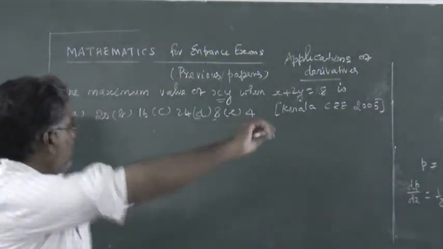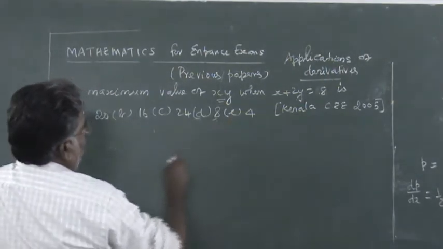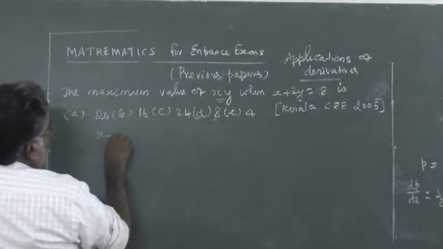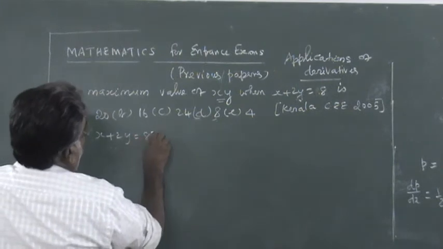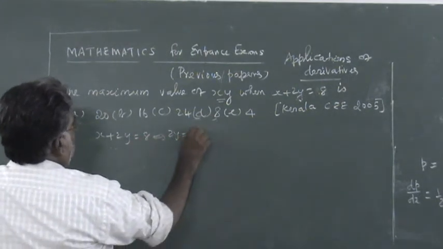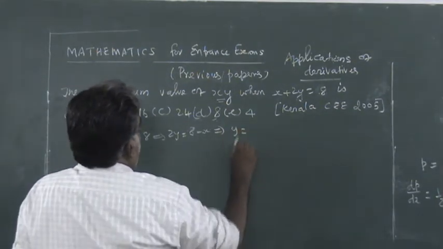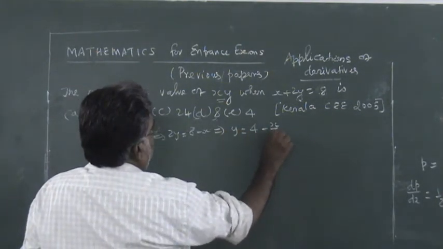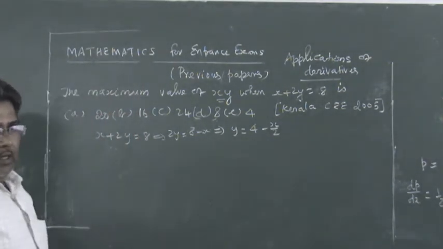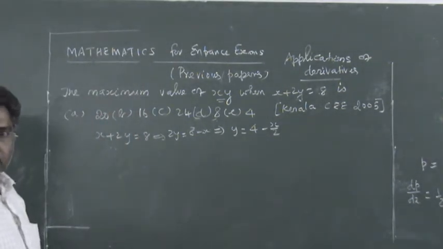How to proceed? The given equation is x plus 2y is equal to 8, which gives 2y is equal to 8 minus x, or y is equal to 4 minus x by 2.